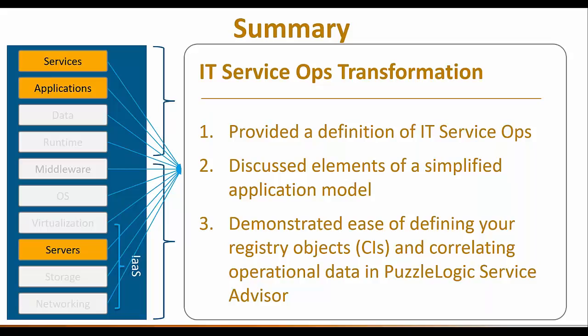So we hope we demonstrated how easy it is to find your objects or your CIs in Service Advisor, start correlating your data, and get the visibility you're lacking today, so you can create these rules, see these statistics, and troubleshoot incidents that occur, and really cut your incident resolution time, we think, in half. So that's the ultimate net of the demonstration.